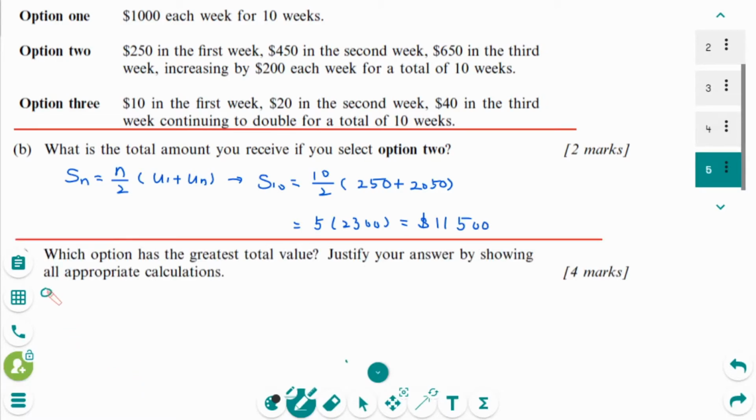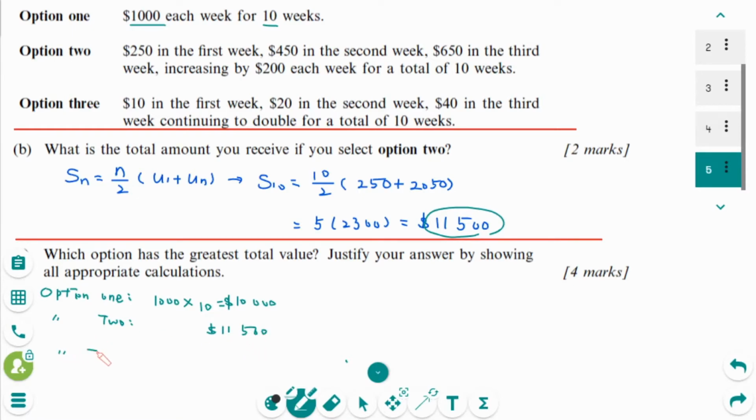Number C, option 1 is 1000 times 10, which is $10,000. Then option 2 equals $11,500.